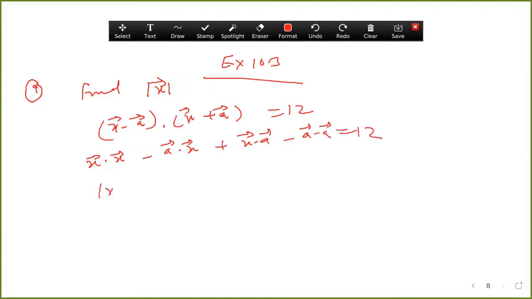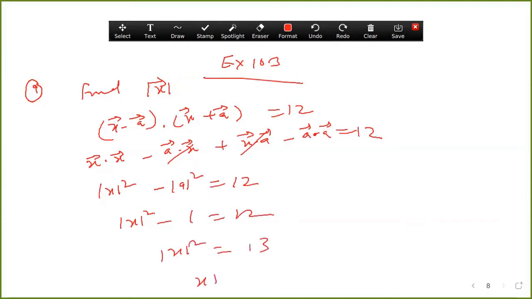This can be written as mod of x squared minus x dot A plus A dot x, both are the same, so you can cancel them, minus mod of A squared, equal to 12. The value is given here: A is a unit vector, so 1 and 12. Mod of x squared is equal to 13, or mod of x will be equal to root 13. This is the answer of question number 9.